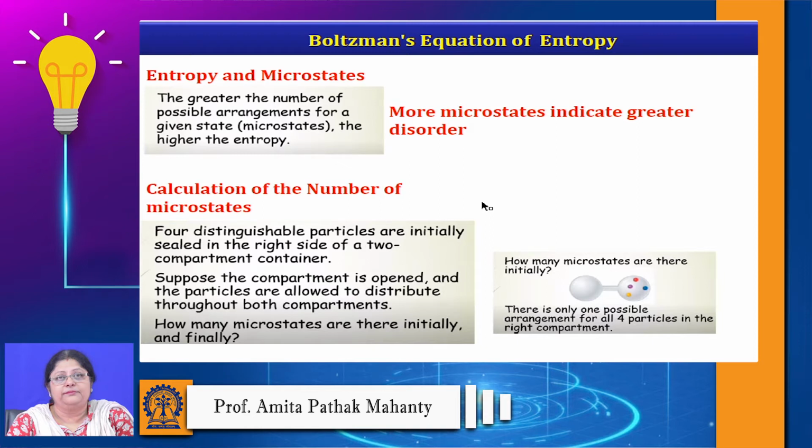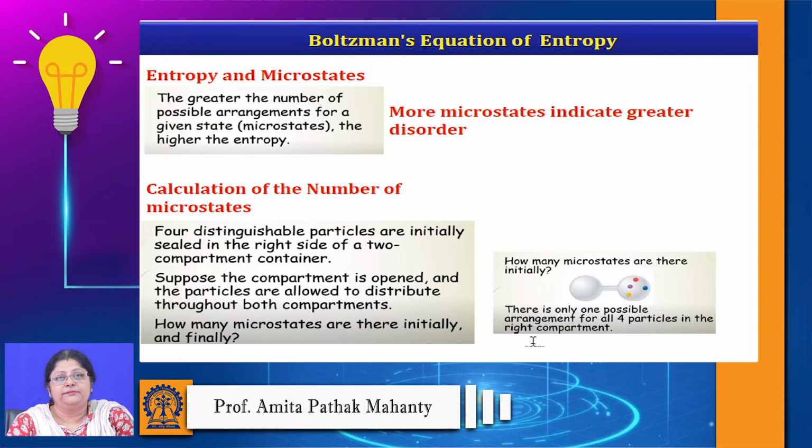One of the two compartments, we had said, was completely empty and another one had the gas. And I say the number of molecules in that gas is, let it be, 4 molecules which are distinguishable.